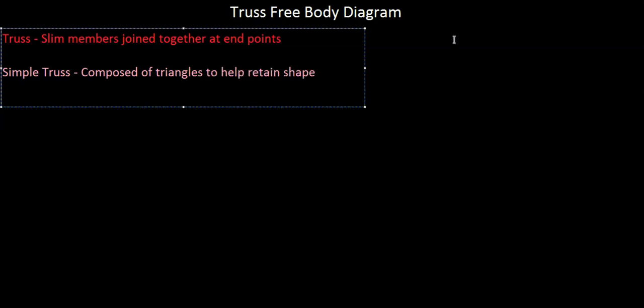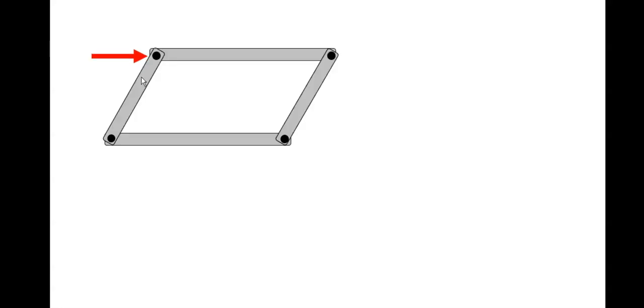And if this is confusing, I created an animation to help explain this concept. In this animation, we have slim members joined together at their endpoints, and if we apply a force to the outside, you can see that it loses its shape. There's nothing to stop it from collapsing sideways.